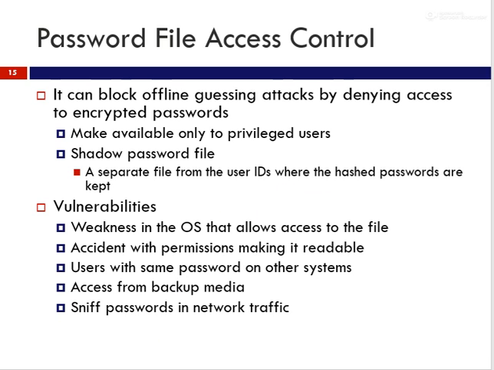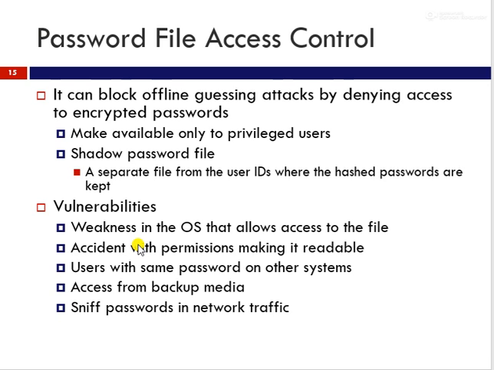What are the possible vulnerabilities or weaknesses that can be exploited to gain access to the password file? One possible weakness in the system is weaknesses in the operating system. Whatever operating system you are using, you did not update it, or you did not install the patches.